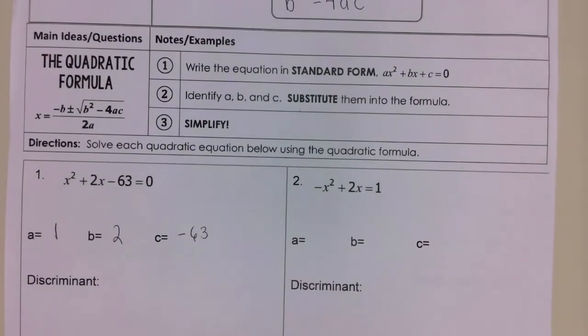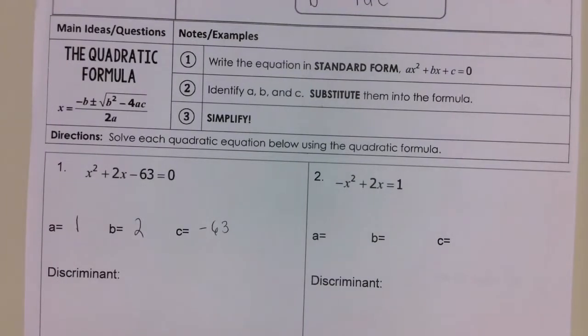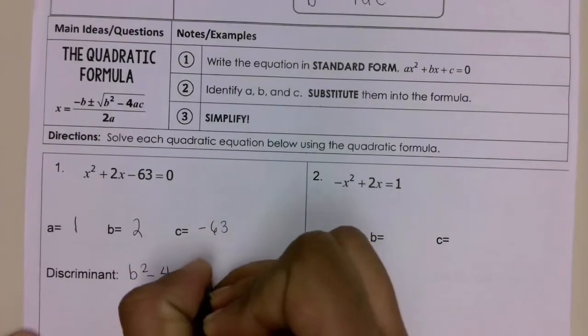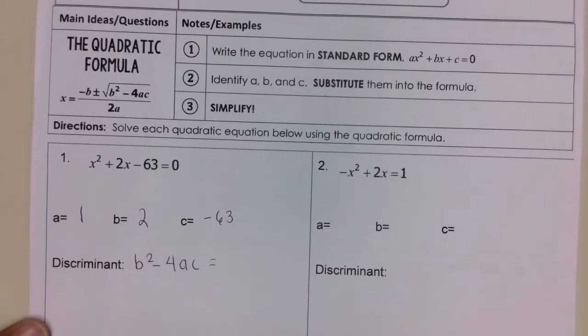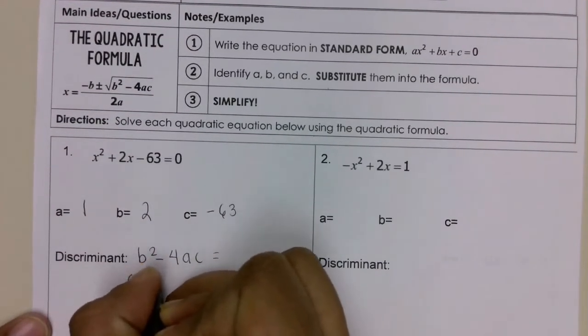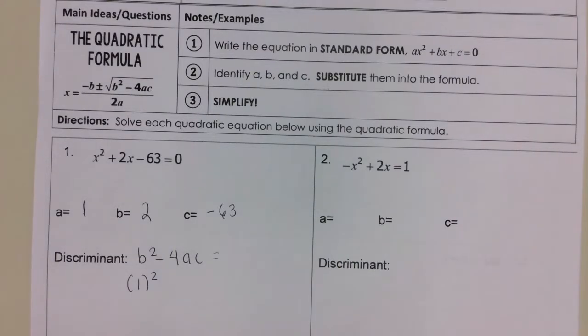Before we put it into the formula, I always like to break it up into the discriminant, and then I'll plug the discriminant back into the formula. So the discriminant is b squared minus 4ac, and I'm going to put parentheses around every value that I'm plugging in. I was looking at the wrong number, it's b squared.